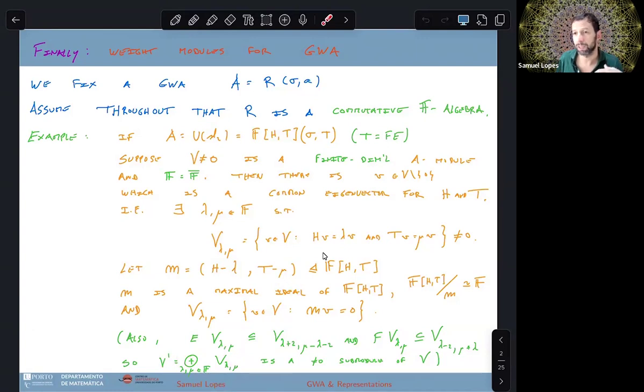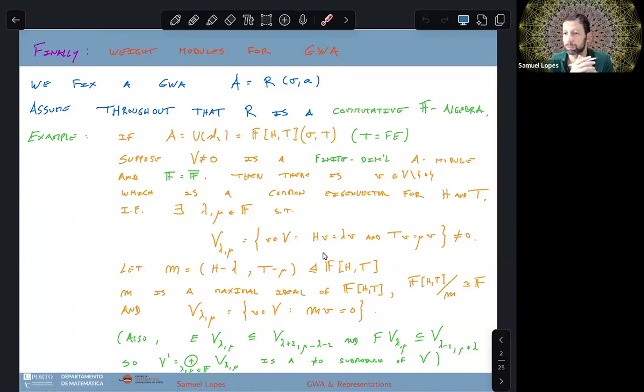Because when I act by E, when I act by F, I'm just changing these eigenvalues, so I'm still landing in one of these generalized eigenspaces. So if I started with a simple module, it would have to be actually equal to this. And in fact, I could say a little bit more. The lambda and the mu should not be completely arbitrary, because with E and F, I can only do certain kinds of things.